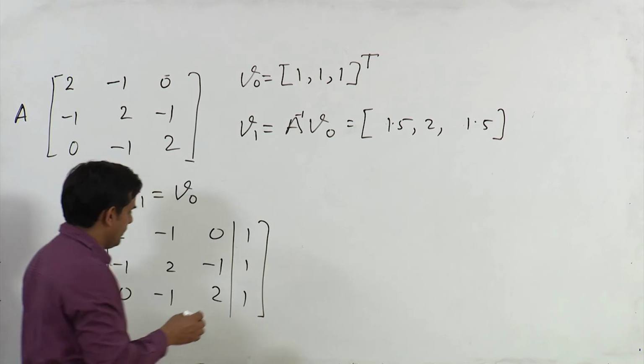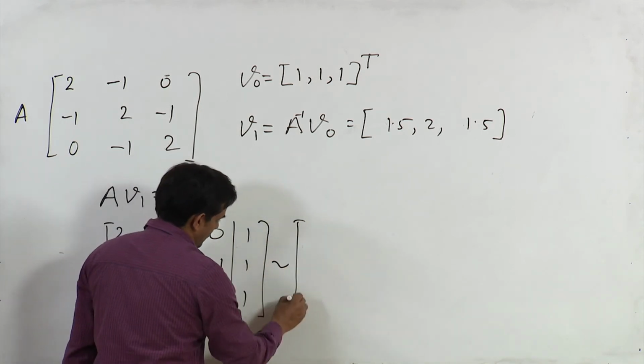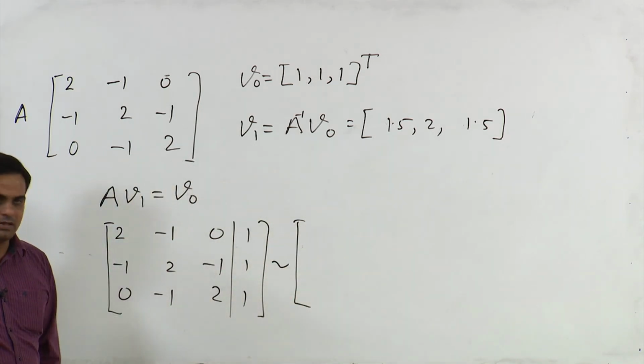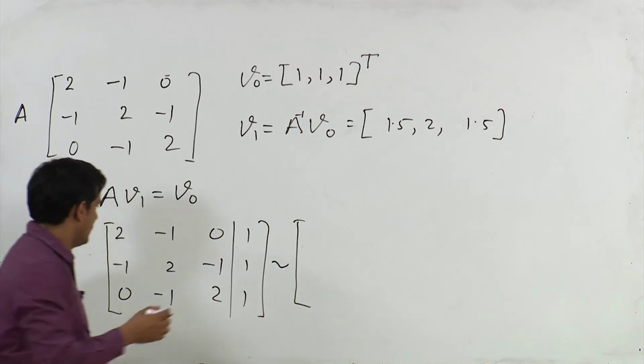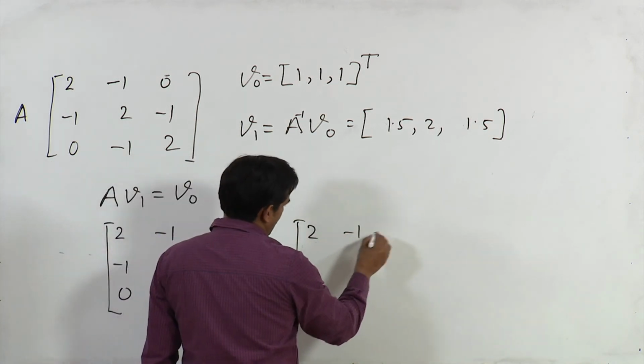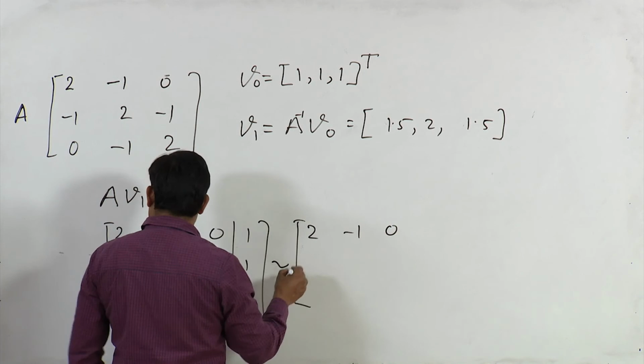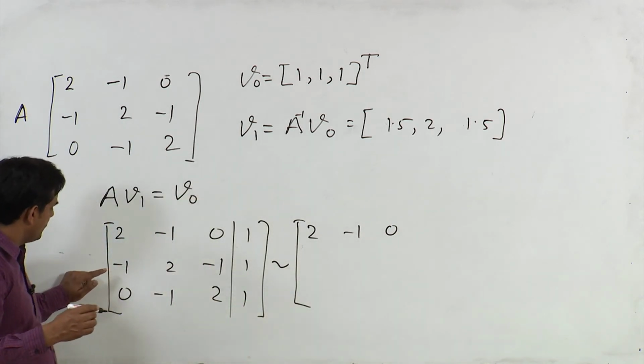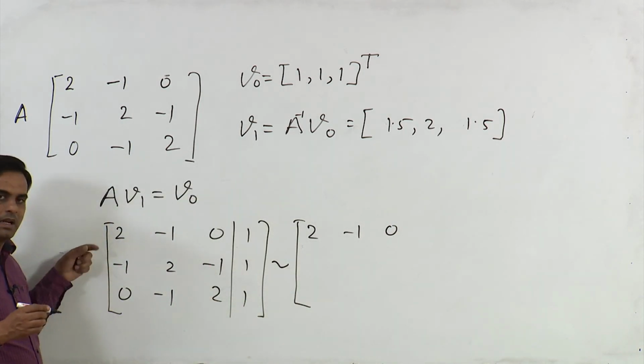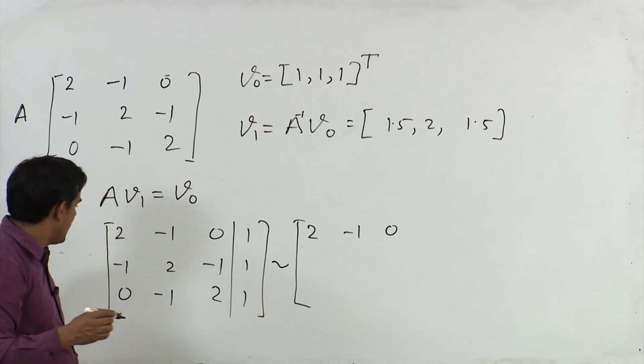And after solving this, let us say solve it with Gauss elimination. So, 2 minus 1 0 and then R2 will be replaced by R2 plus 1 by 2 times R1.